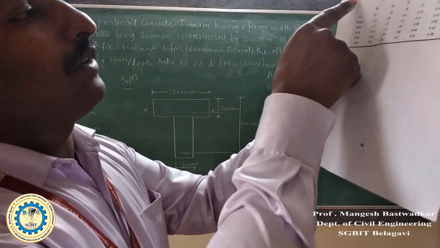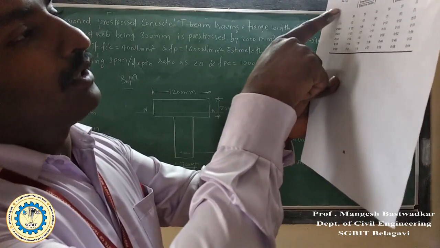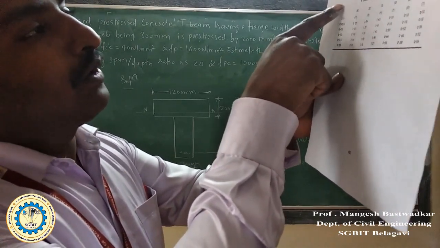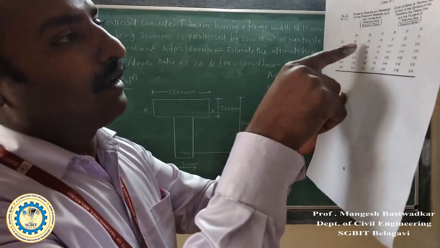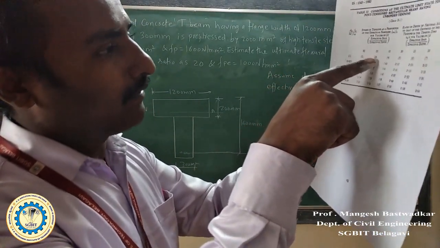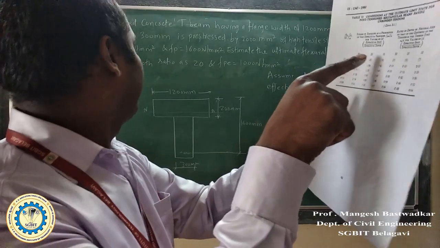Here the first column is of effective reinforcement ratio. Then span by depth value is 20.